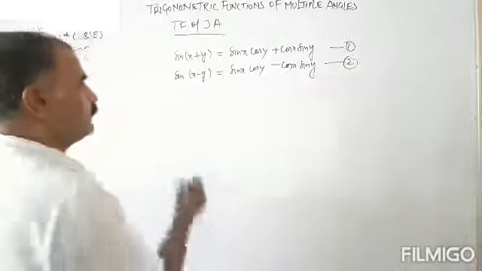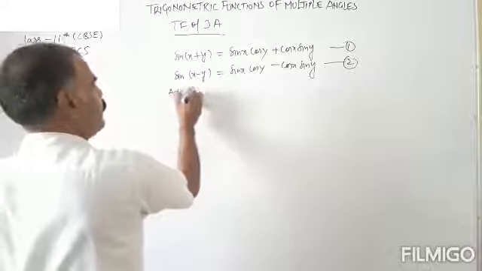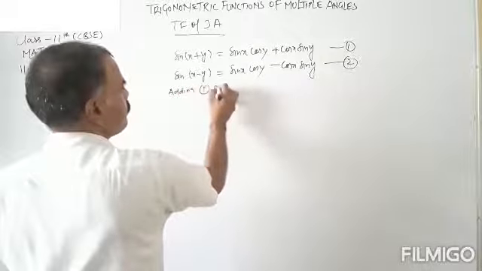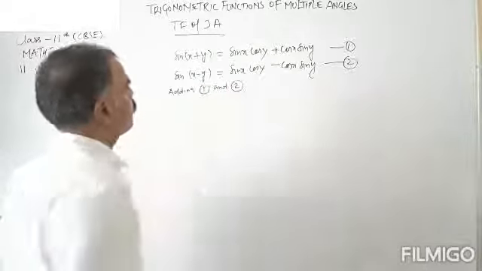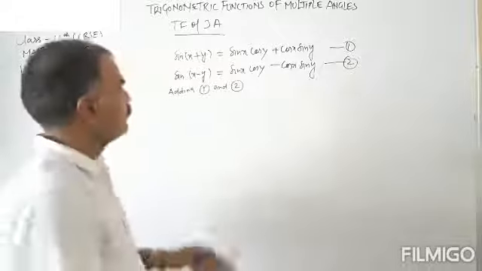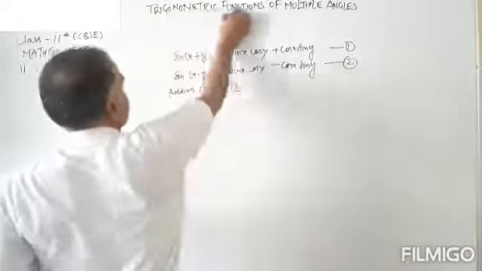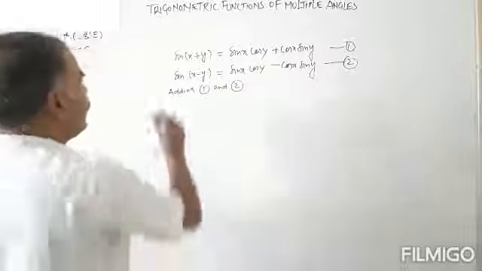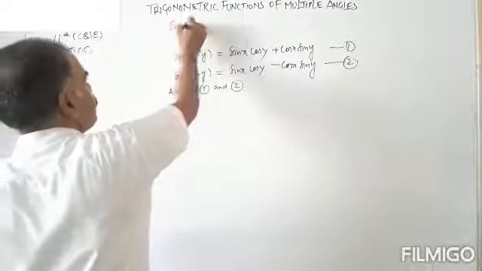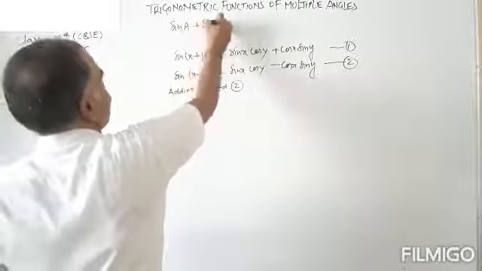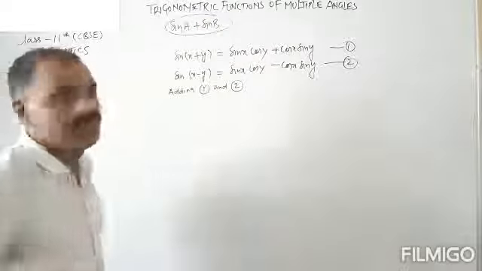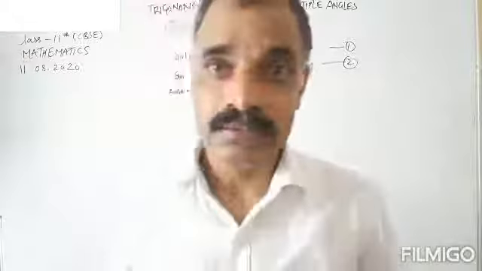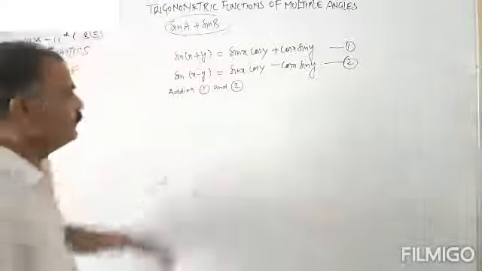Now adding first and second, we have the identity for sin A plus sin B using these two identities.